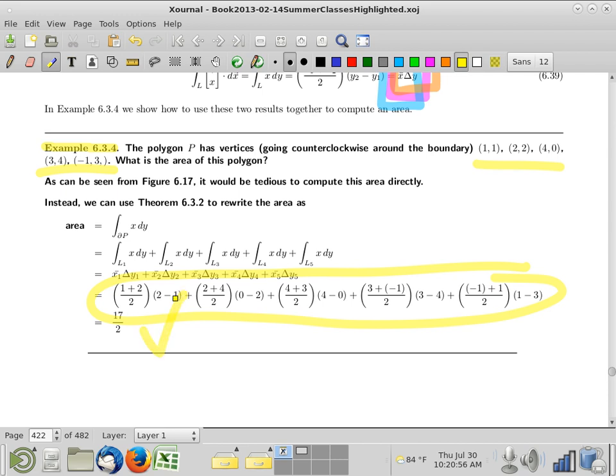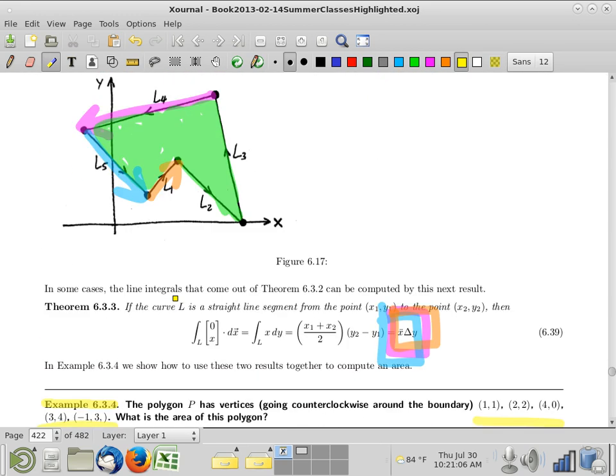That's a lovely little application of Green's theorem. Okay, so I encourage you to check through the arithmetic here, and again, I think it would be a great exercise to prove this result. On a line segment, integral x dy is x bar delta y. Okay, so that's it for Green's theorem.